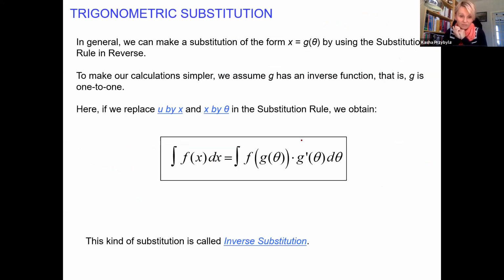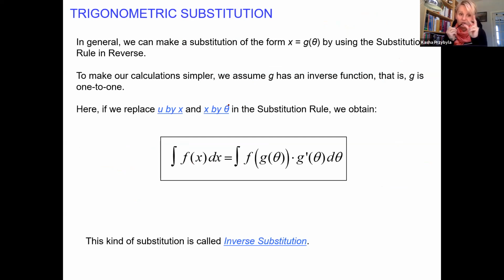That means what we did: based on the expression, we will pick the appropriate trigonometric substitution. x will be replaced by sine theta, tangent theta, or secant theta, the only 3 options.